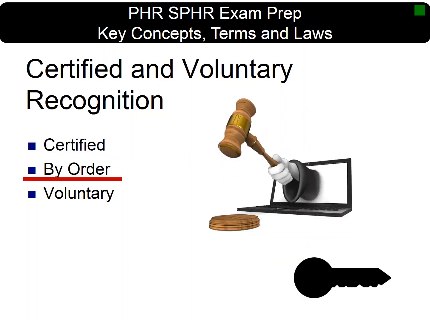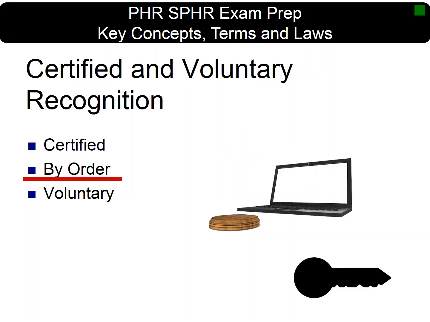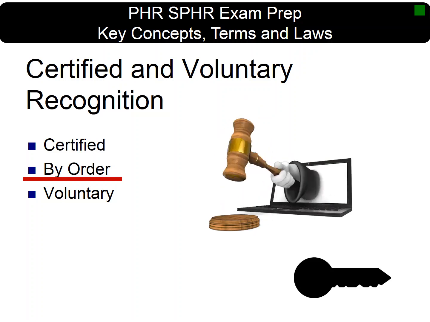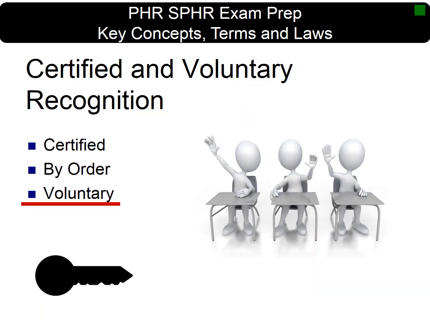A union can also be certified by the NLRB as a result of an order issued by the NLRB as a remedy for severe unfair labor practices committed by the employer during the union organizing campaign. Employers can voluntarily agree to recognize a union as the representative of their employees.